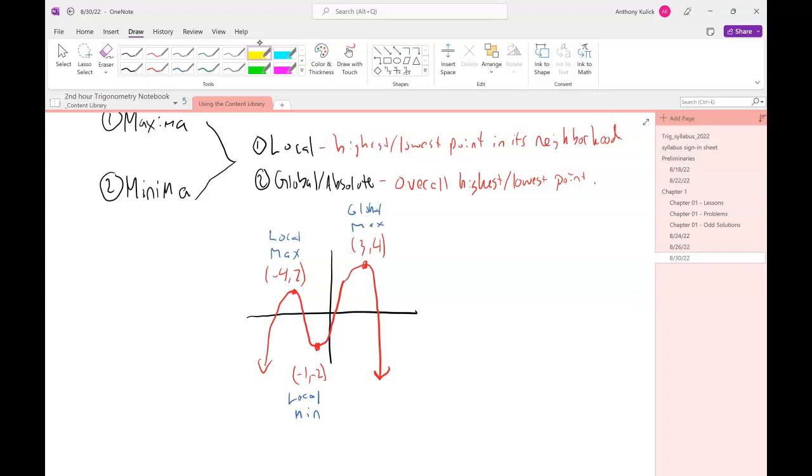Yeah, so the maxima and minima are the points where the graph changes from increasing to decreasing or decreasing to increasing, right? So if we look at this, I notice that the graph is increasing there, and then we're decreasing there. Does everybody see that?